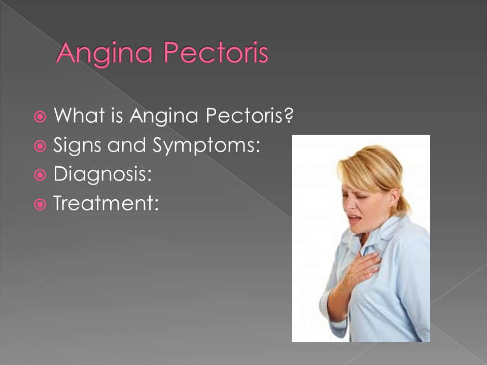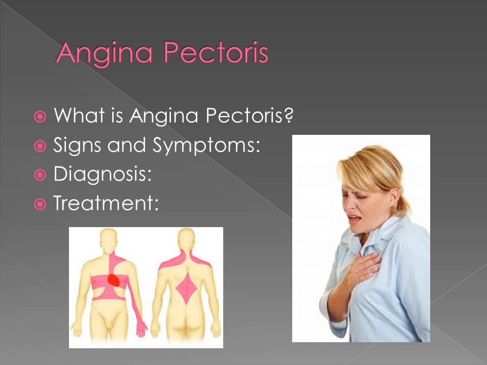To diagnose angina, blood tests are performed to evaluate for atherosclerosis. An EKG may be done to detect any electrical abnormalities of the heart, and cardiac catheterization may be performed to determine the precise cause of the pain.